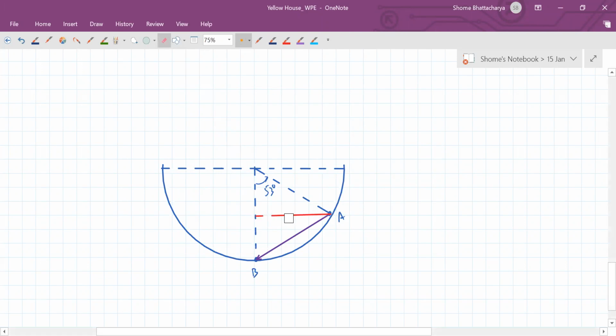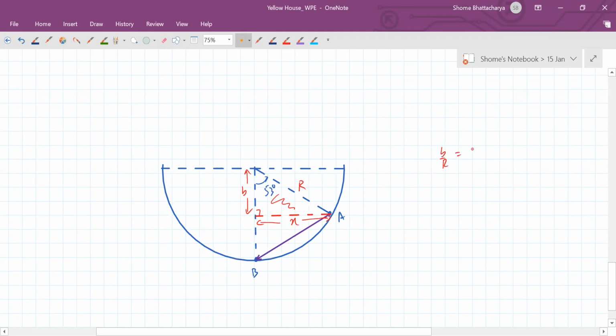So drop this perpendicular and then look at the trigonometry of this triangle now. So this side is x, and this side is, let's say, some base b.